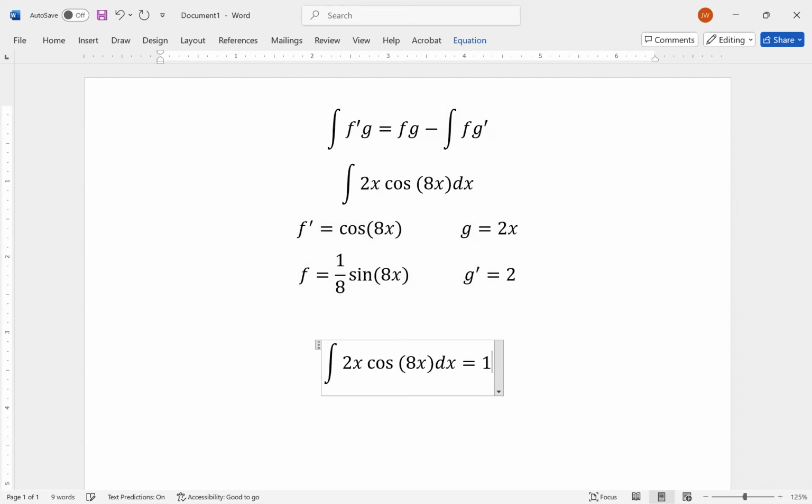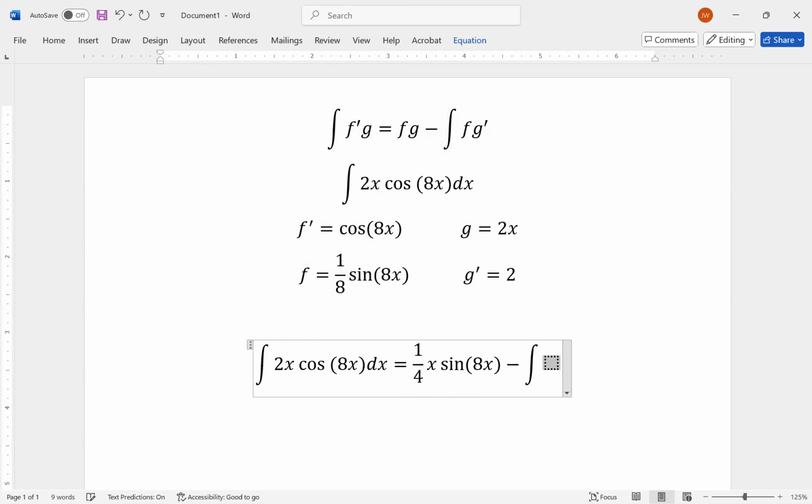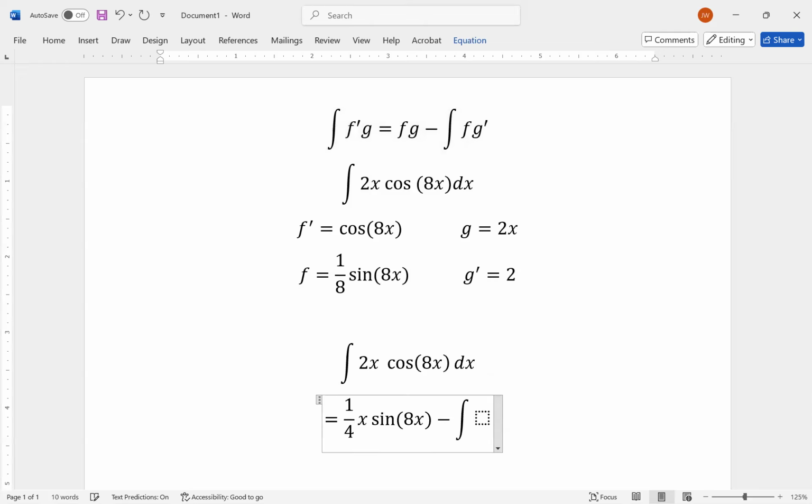So I'm going to rewrite it as 1/4 x times sine of 8x, minus the integration of f times g prime, without having to do another step. I'll just do this in my head.